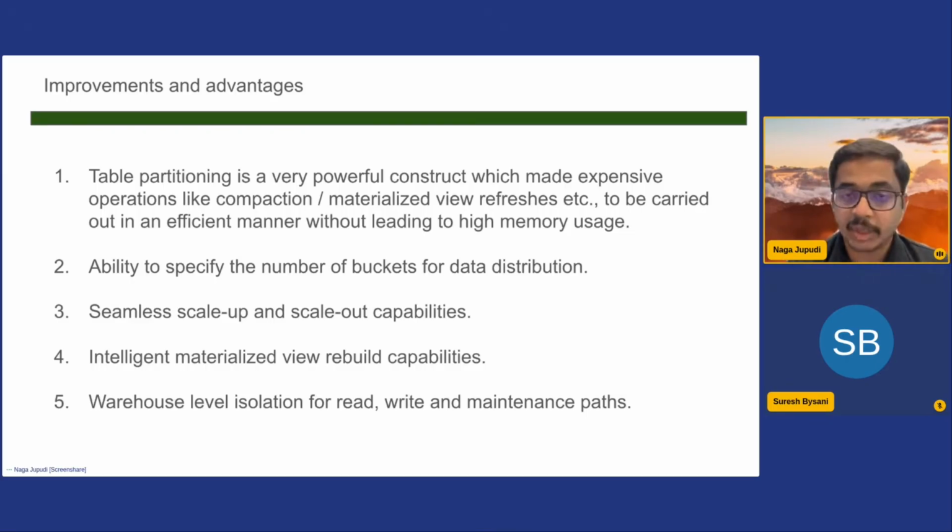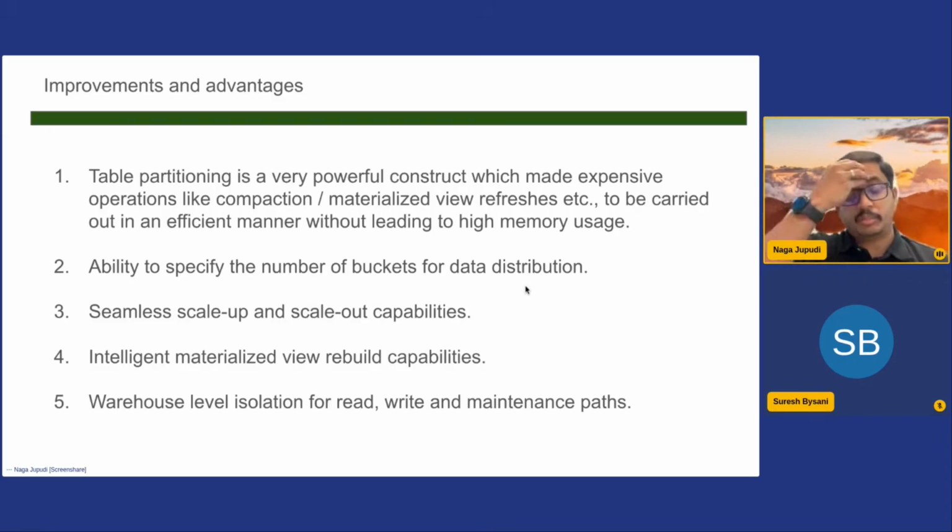We can do partition by partition refreshes, which saved us a lot of compute, right? The materialized view refreshes or the compaction jobs that were running in order to optimize the tables. The amount of compute that was required to do this job in Redshift was way too high, but here we can scale linearly as we grow with the number of customers, right?